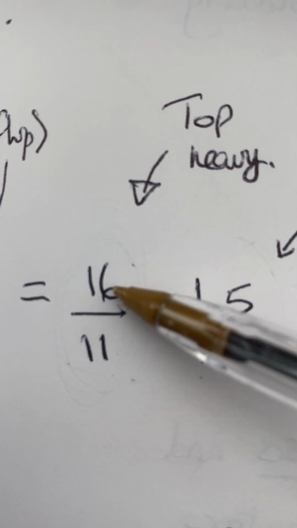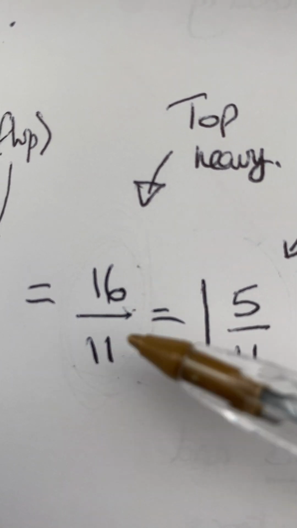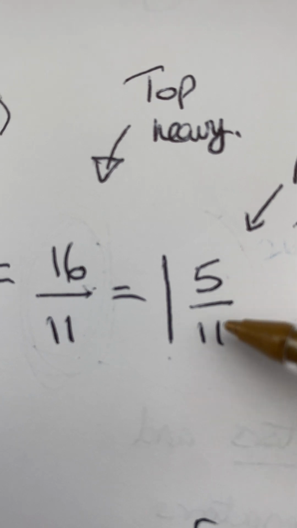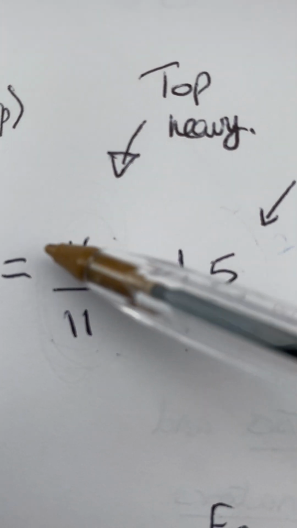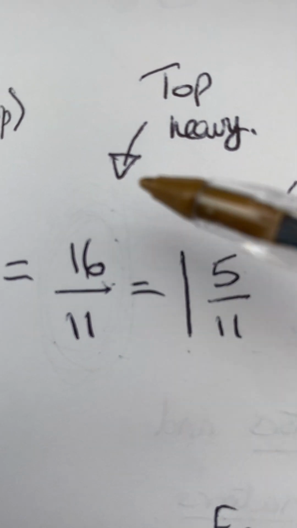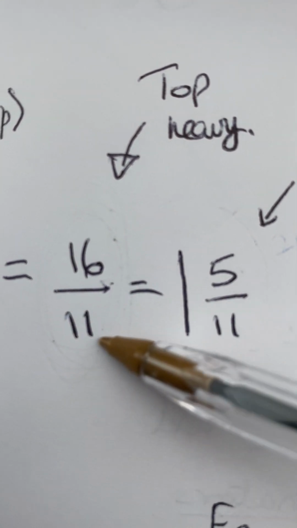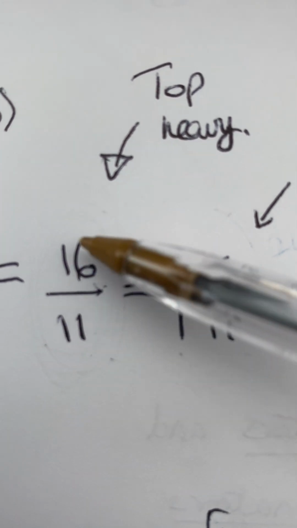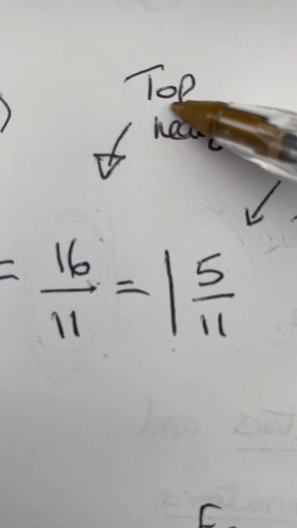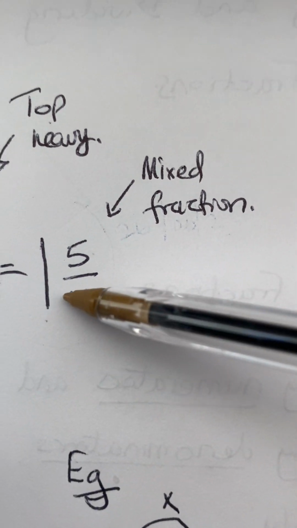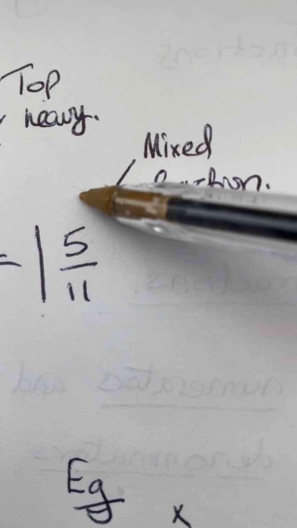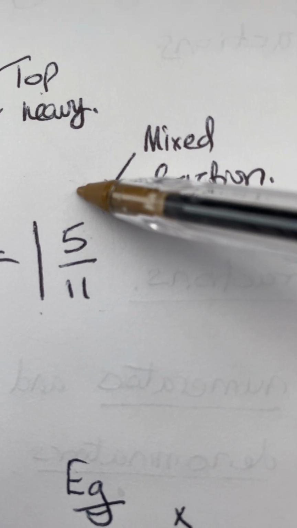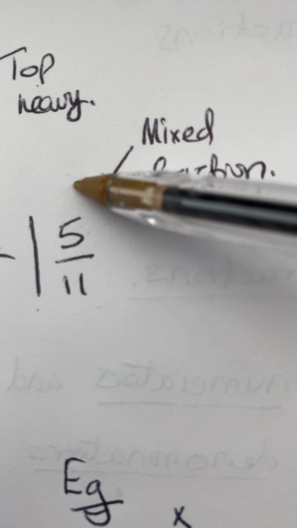So 16 minus 11, we are left with 5 over 11. Depending on the question we have, we can leave it as an improper fraction or a top-heavy fraction or as a mixed fraction, a whole number part and a fraction part. So this is this example.